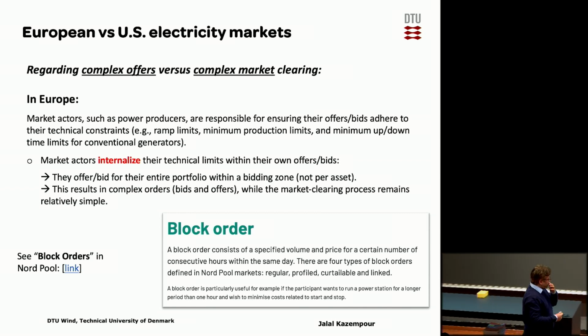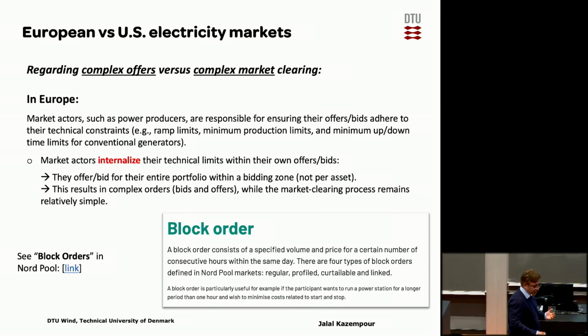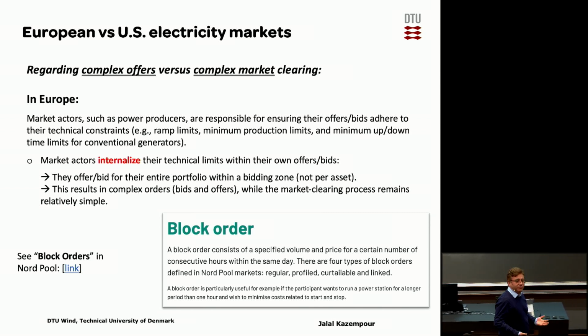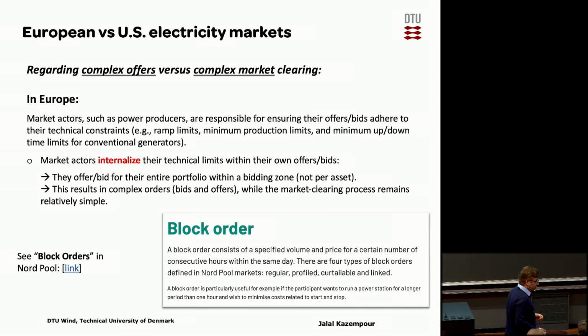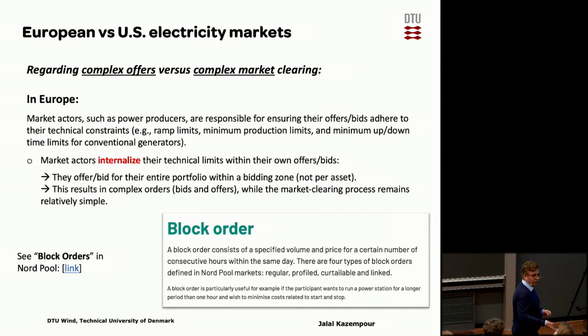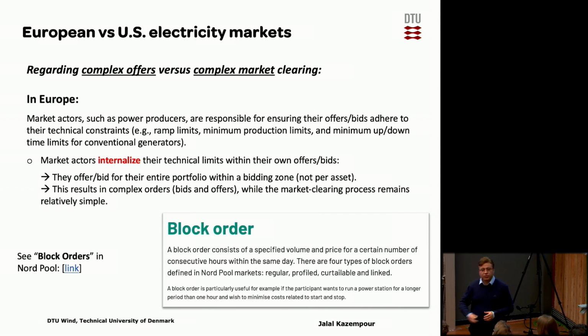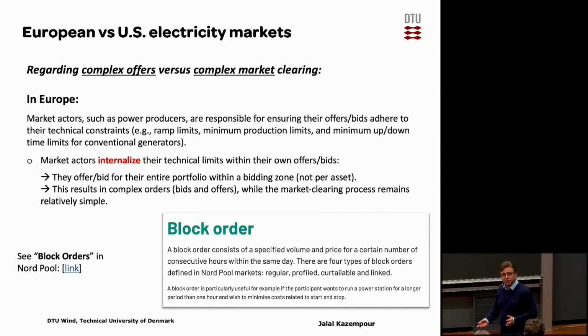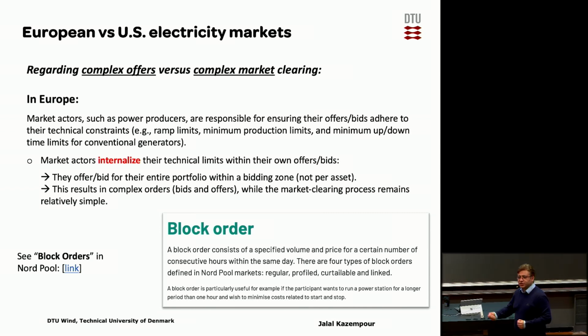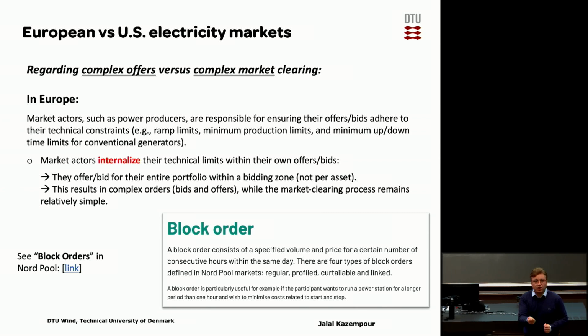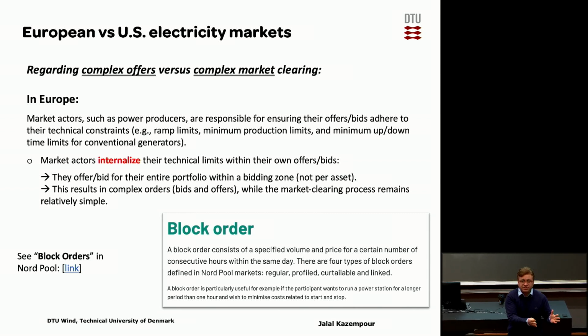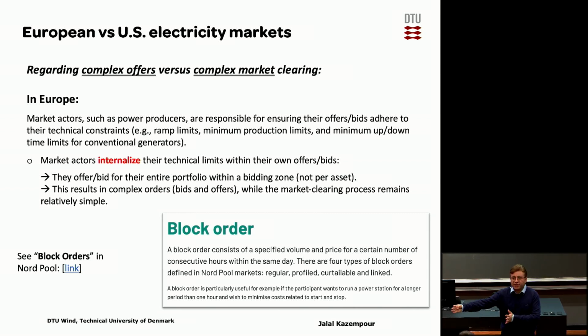But imagine, for example, a nuclear power plant or coal: if you turn it on, you have to keep it on for 5 hours. But if you ask this generator to submit day-ahead market hourly bids, then it may happen that we accept bids for this generator for 2 hours, but not the next 3 hours. So what to do? Is it clear what the problem is?